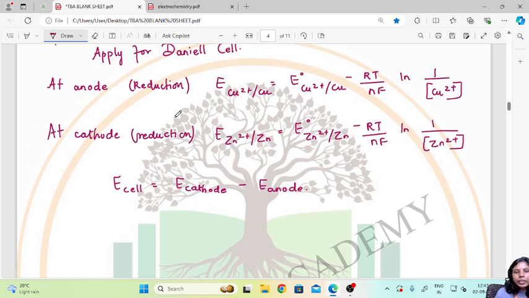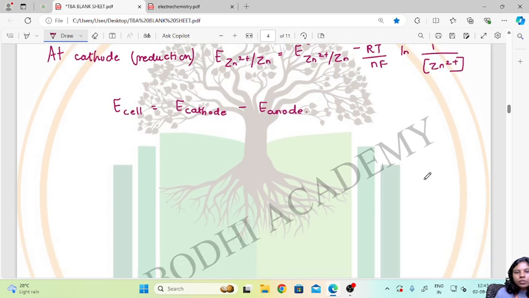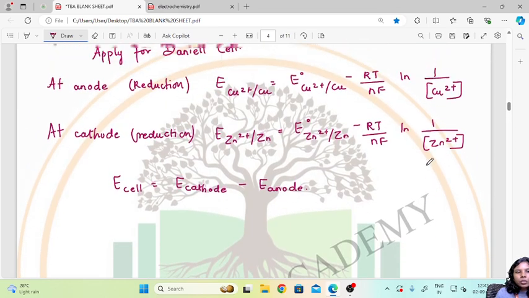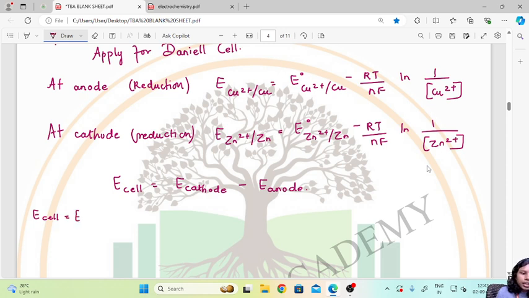So we have to basically substitute this part of the reaction. So E cathode is what? So E cell will be equal to E cathode, which is E naught Zn2+/Zn minus RT/nF ln of 1 upon Zn2+.